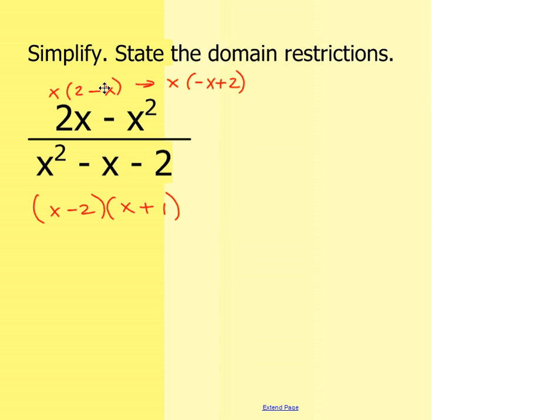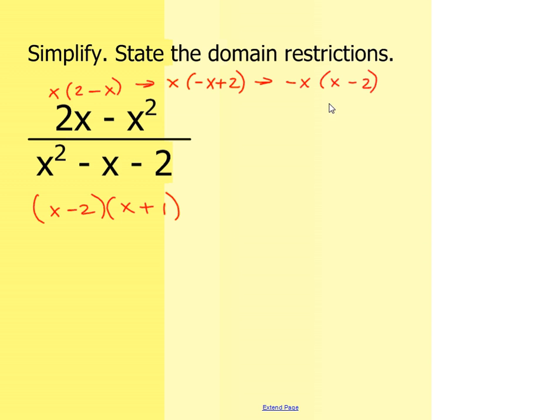The negative goes with the x. This 2 is positive, so it has to be negative x plus 2. That's still not an exact match, so now I'm going to factor out a negative 1. So this would make this negative x, and when I factor out a negative 1, this x becomes positive, the 2 becomes negative. So now I have negative x times x minus 2 on top, and on the bottom I have x minus 2 and x plus 1.